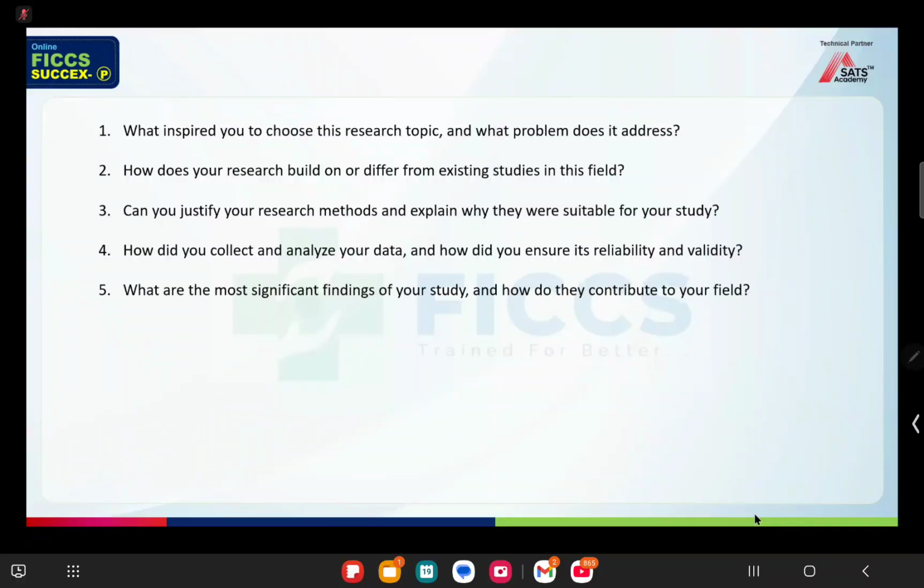Ma'am, as we all know, APACHE II is a well-validated score to predict mortality, but there are two things about APACHE: number one, we have to calculate it beyond 24 hours, and number two, there are multiple parameters in APACHE which we need to calculate to get the result.